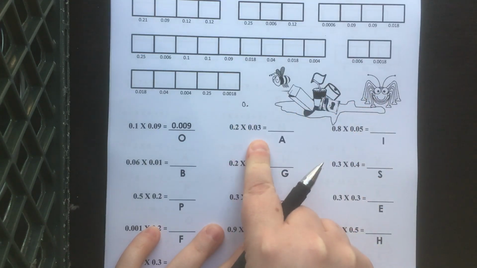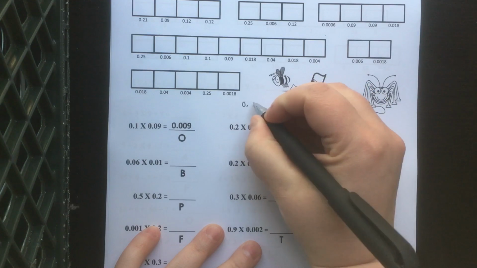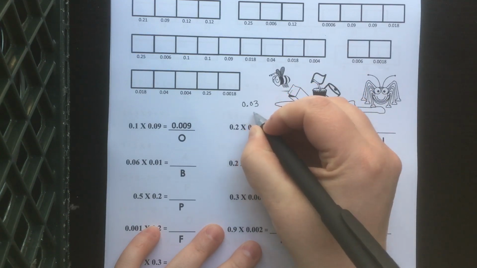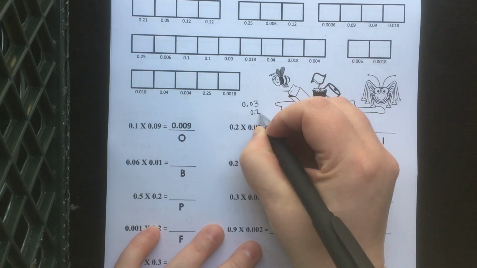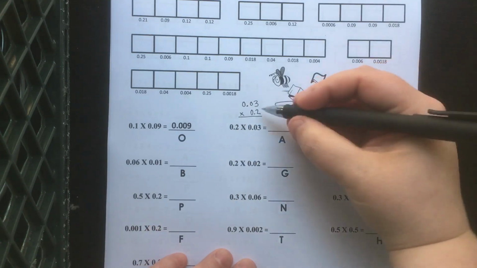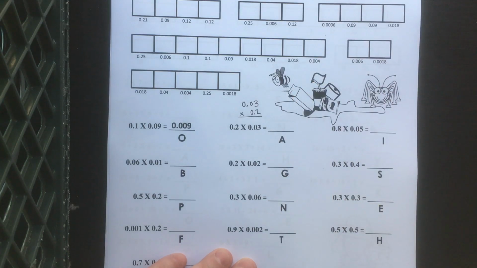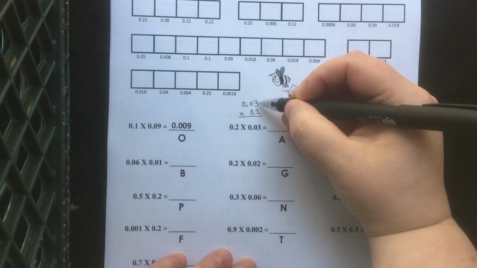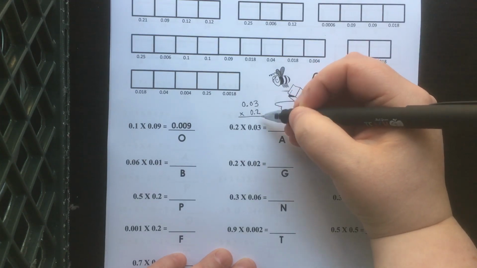So let's start here. This number is 3/100 times 2/10. So remember that we don't line up the decimals when we multiply. We bring them all the way over and line up on the side, okay?